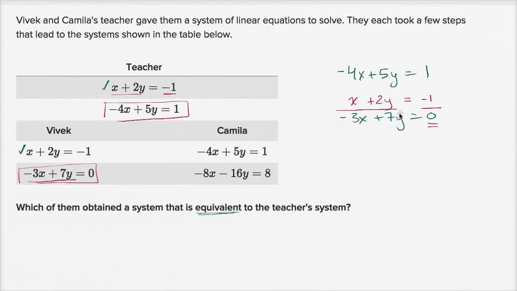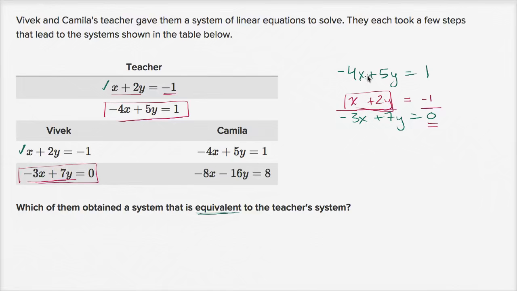Why do we feel confident that the resulting system is going to have the same solution? Well, an XY pair that satisfies both of these equations is what a solution would be. For that XY pair, x plus 2y is equal to negative 1. So for that solution, we're adding the same thing to both sides. I'm going to add x plus 2y to the left-hand side.